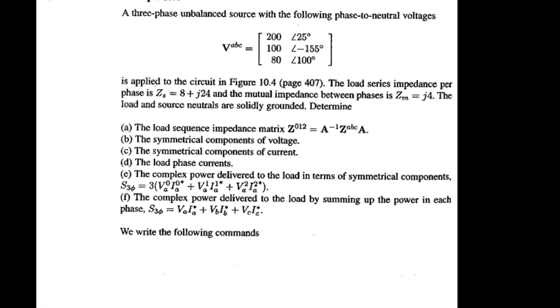Anyone else? Sabrina? Yes, sir. Why, from the given VABC information, is it balanced or unbalanced? If it is unbalanced, how can you justify that it is unbalanced? Say for example, if I say it is balanced, how can you defend your logic?